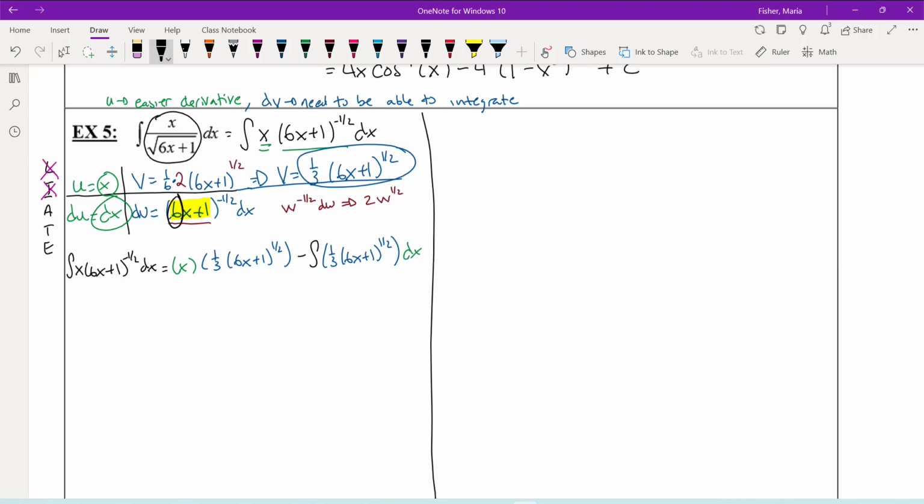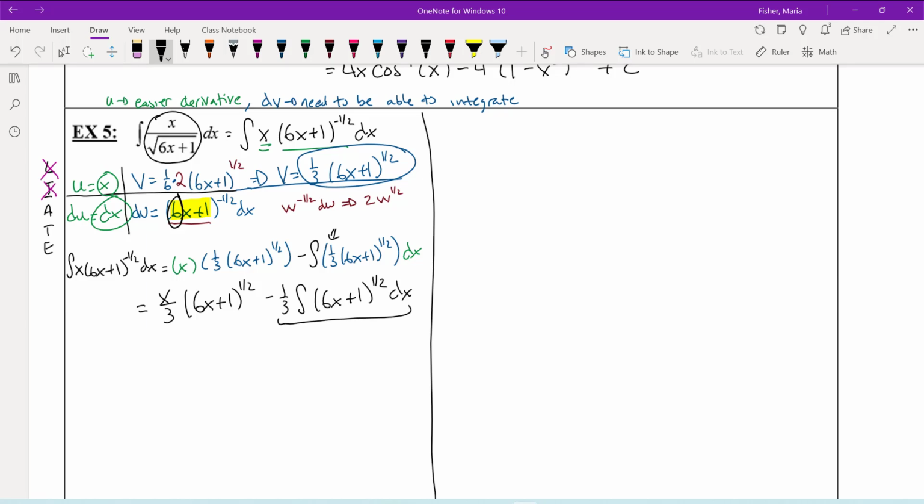Let's clean this up before we integrate again. So we have x over 3 times (6x plus 1) to the 1/2, and then this 1/3 can be pulled out of the integral, so negative 1/3 the integral of (6x plus 1) to the 1/2 dx.